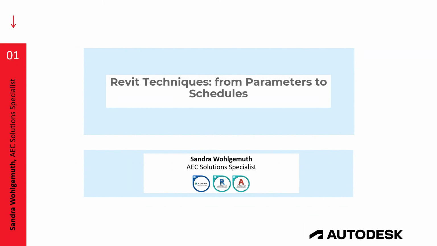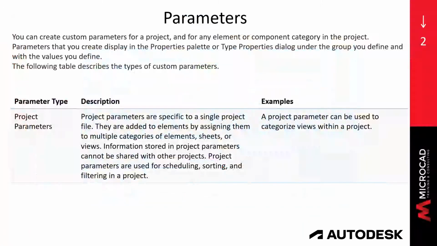So let's get started. And to me, one of the most important things to talk about in Revit is understanding this concept called parameters. Because basically parameters is the main driving force of the software. So the main thing is that you can create parameters for a project or for any element, component, or category in the project.